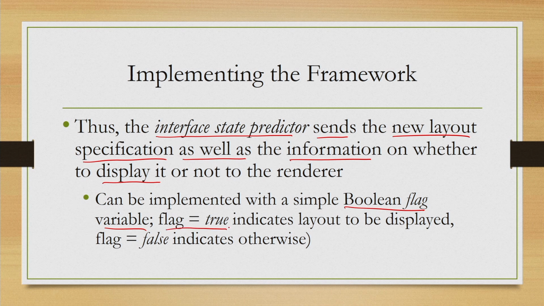True means the layout is to be displayed and false means the renderer should not display the layout and the collector should take over. So, the renderer should check the flag and, based on the flag value, decide what to do. So, that can be a simple implementation of the automated design approach for non-adaptive virtual keyboard layout.